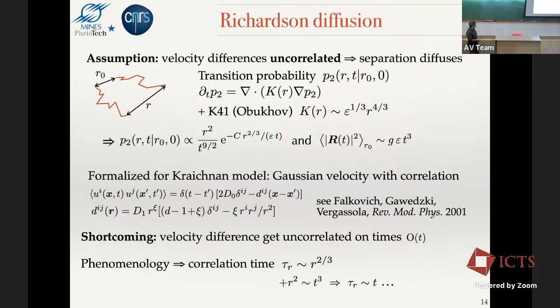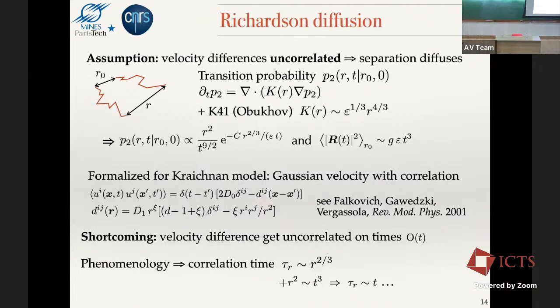And now if you put this scaling here, then you get a solution to this Richardson diffusion model. It's an asymptotic solution at large times, it has the scaling form I was talking about before, and it indeed implies that R squared is going like t cubed.